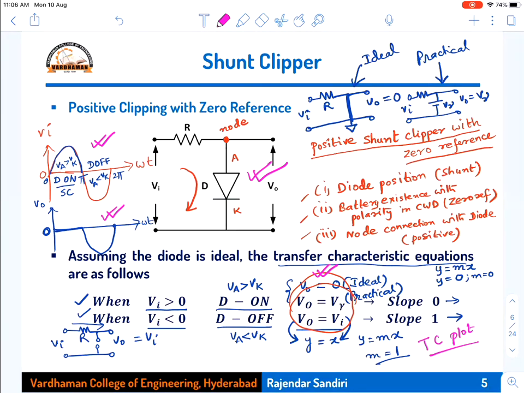Suppose transfer characteristic equations are given, then you should be in a position to draw the circuit diagram, input output waveforms, and the transfer characteristic plot. Suppose the transfer characteristics plot is given, then you should draw the circuit diagram. That means out of four, if any one is given, the others also you should be in a position to extract from the given information. If the circuit name is given, you can draw the circuit.